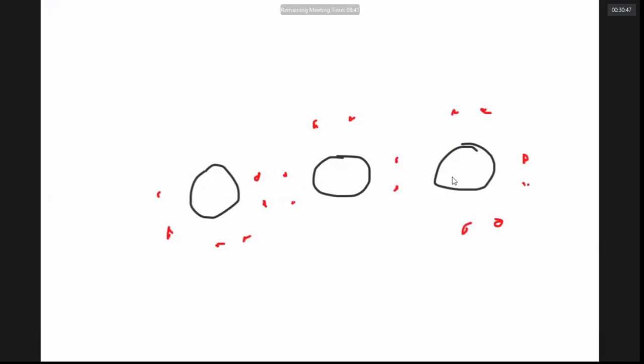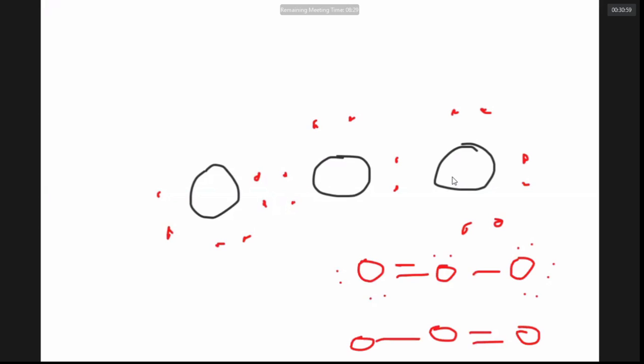This is the Lewis dot formula. I can write it like this, here 2 lone pairs, here 1 pair, here 3 lone pairs. I can also write it like this. Both are called resonance canonical forms.